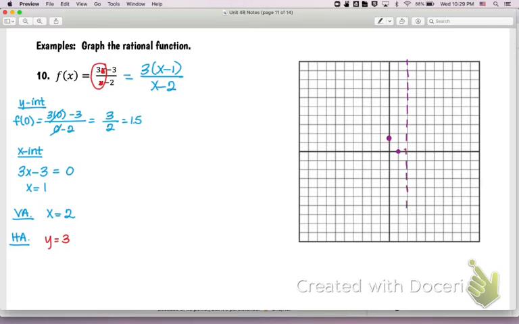Asymptotes must be a dashed line. That's the only thing that is acceptable, a dashed line like that. A horizontal asymptote is going to be flat. That's going to go through y equals 3. So it'll be something kind of like this. Dash, dash, dash, dash. Okay.